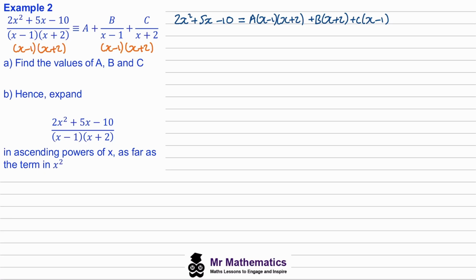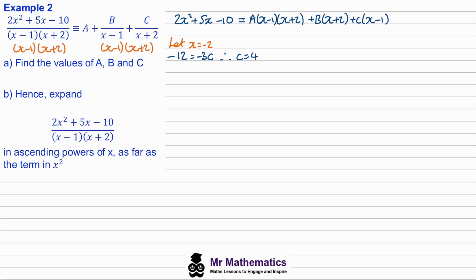So now to work out the values of a, b, and c, we can eliminate these two brackets. If we begin by letting x equal negative 2, then we'll get negative 12 on this left-hand side. The a term will go, and the b term will go, and then we'll have c multiplied by the negative 3. So therefore, c must equal 4.